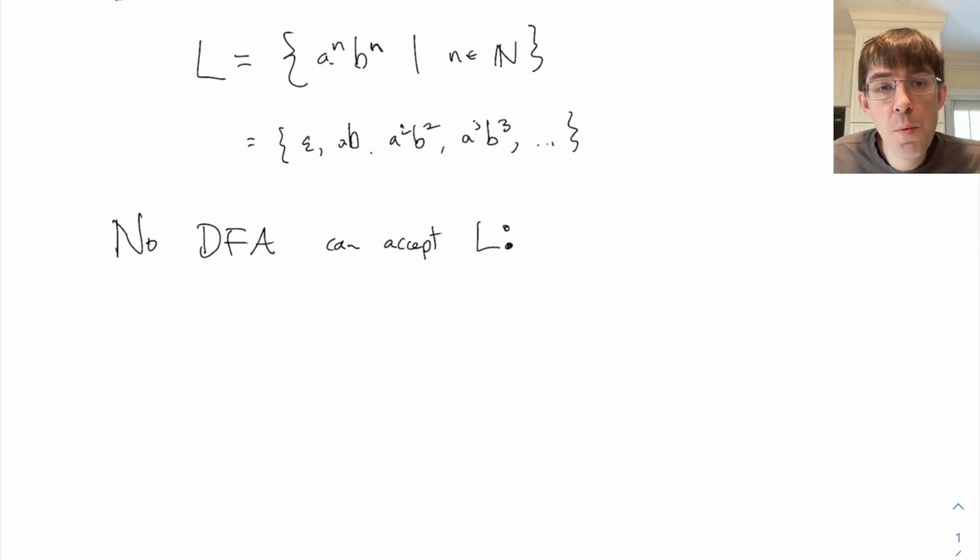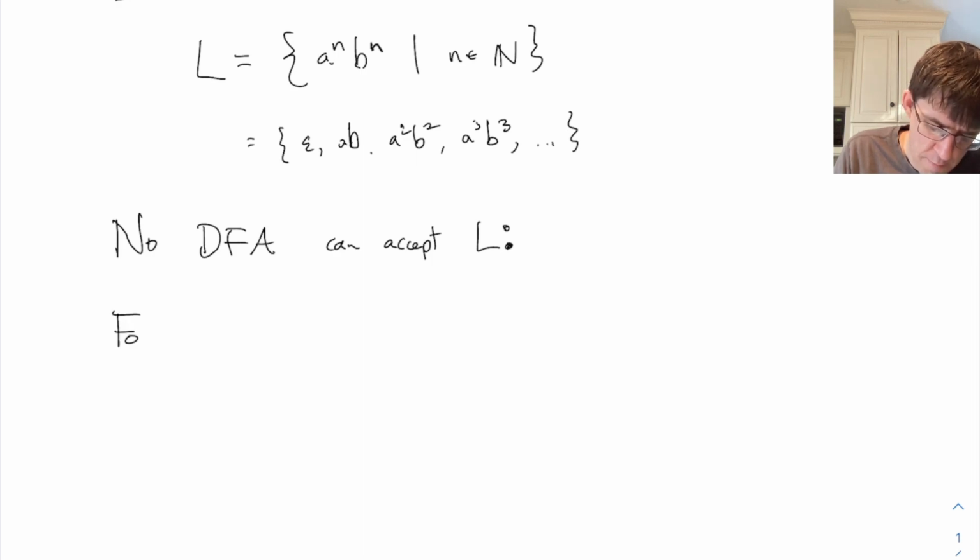The way you have to do this is by contradiction. We have to assume that there was some DFA which accepts L, and then demonstrate that that's impossible. You have to consider all possible DFAs in theory and show that none of them can possibly accept L. So let's do proof by contradiction.